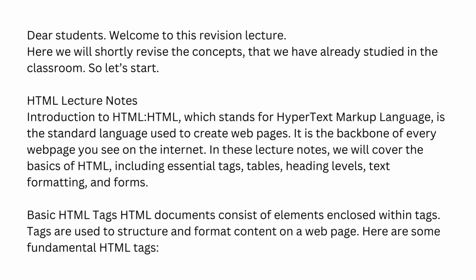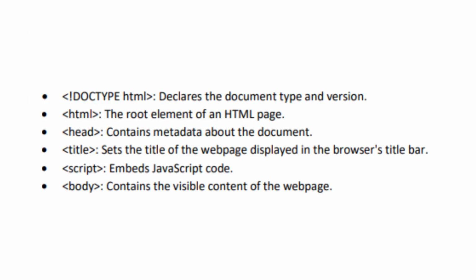Basic HTML tags. HTML documents consist of elements enclosed within tags. Tags are used to structure and format content on a web page. Here are some fundamental HTML tags. Doctype HTML declares the document type and version. HTML, the root element of an HTML page. Head contains metadata about the document.